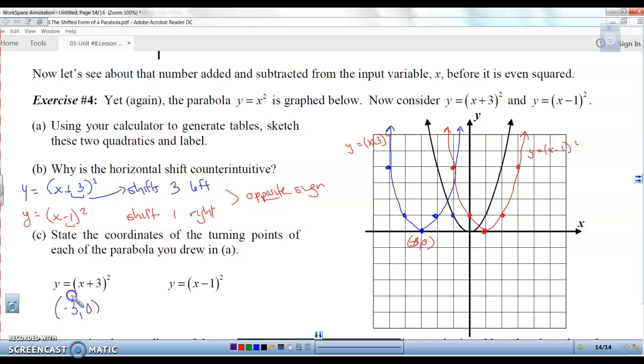Opposite sign. And then x minus 1 will be right here, at 1, 0. This is the opposite sign again. So when you do the x coordinate, it's always going to be the opposite sign. The y coordinate is going to be the same sign.